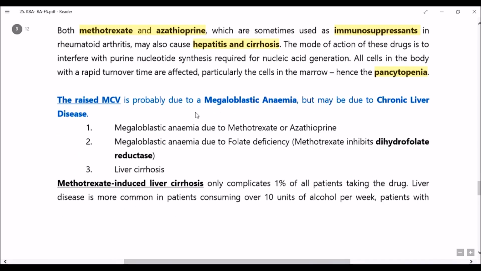The raised MCV is probably megaloblastic anemia, but may be due to chronic liver disease. Megaloblastic anemia can be due to folate deficiency caused by methotrexate, and liver cirrhosis can also cause the raised MCV.